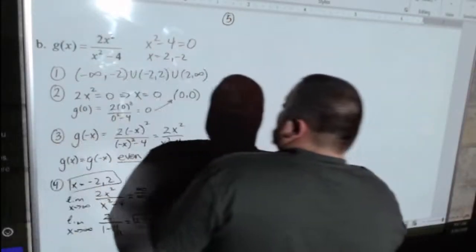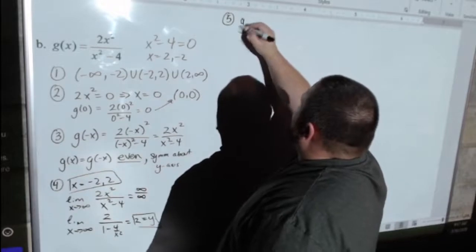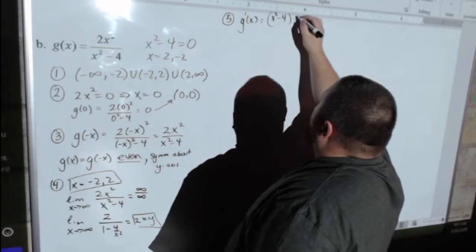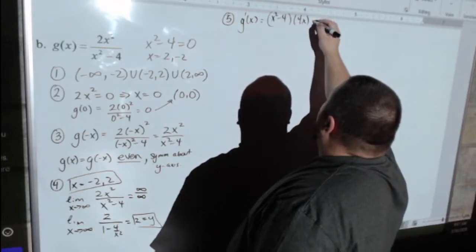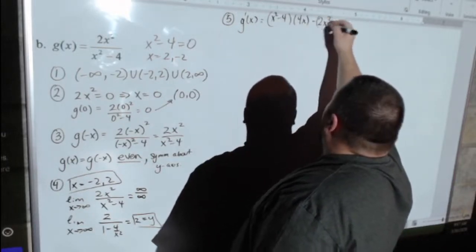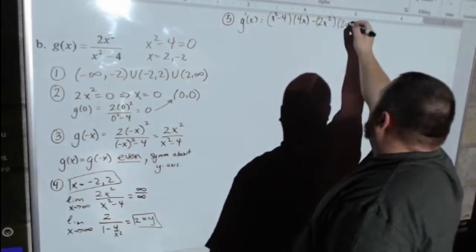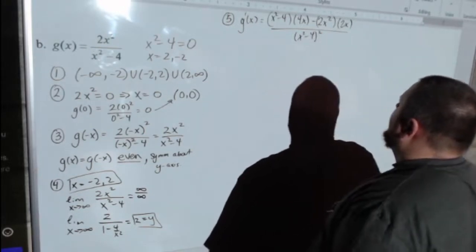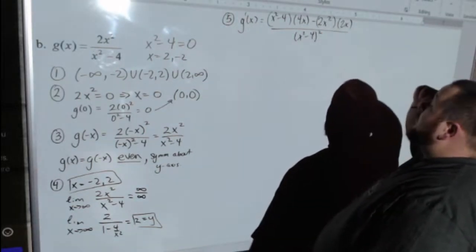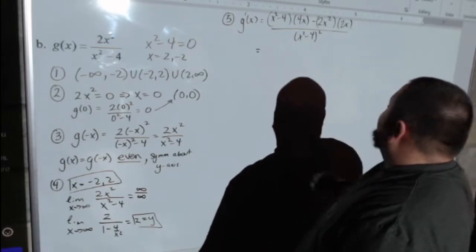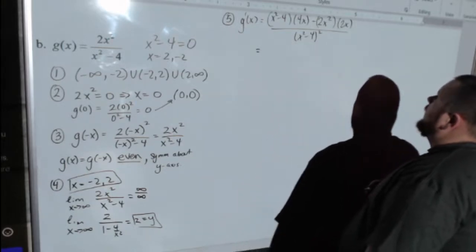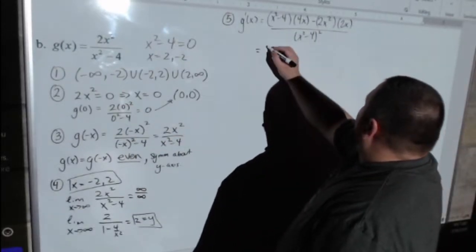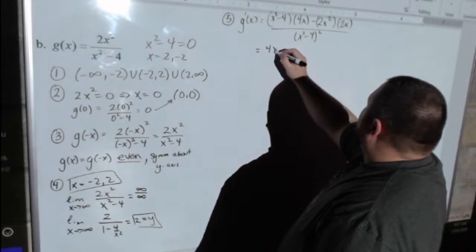So first derivative is low d high minus high times d low, all over low squared. Simplifying, let's see, I'm going to take out a 4x.